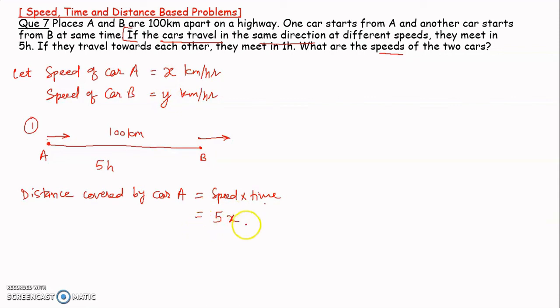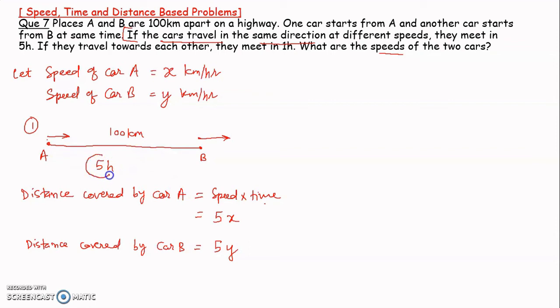So we get the distance covered by car A is 5x. Same way, the distance covered by car B, using the same formula, speed multiplied by time, where speed is y and time is 5, will be 5y.